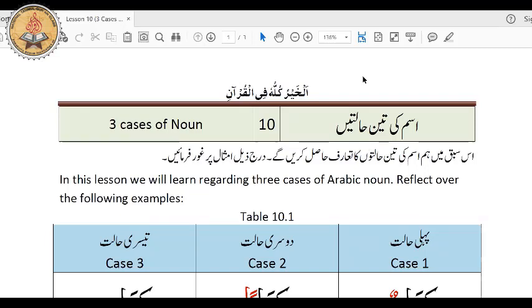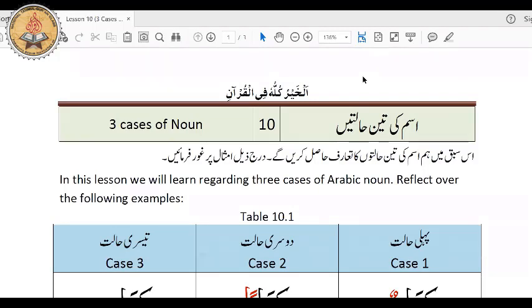Okay, now in the previous lesson, as I mentioned, there are 3 possible cases of a noun, and I referred to the most beautiful human name, Muhammad sallallahu alaihi wasallam. In kalima tayyiba we say la ilaha illallah Muhammadur Rasulullah, and in this statement it is Muhammadun with 2 dhammatain.